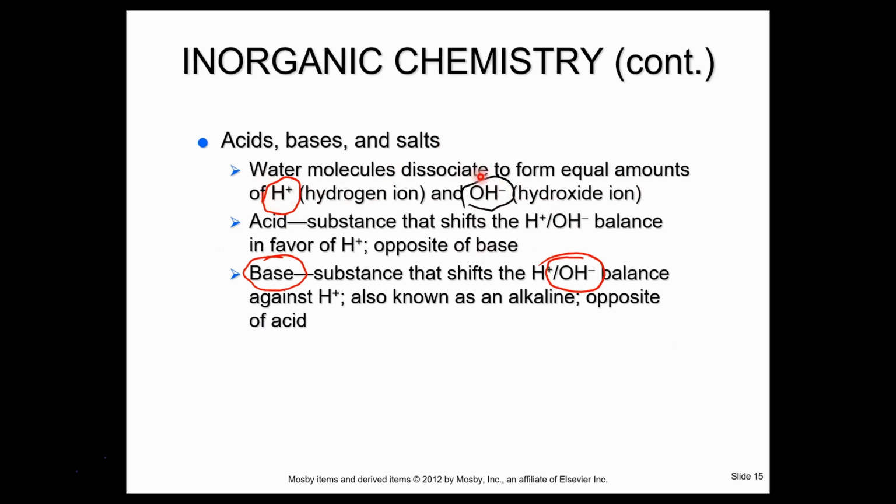The reason this hydroxide ion is formed in the first place with a negative charge is because it took an electron from hydrogen. So now hydrogen lost its electron, but the hydroxide gained an electron. And the reason why, as you remember from not long ago, is that oxygen is desperate to fill in its outermost shell.